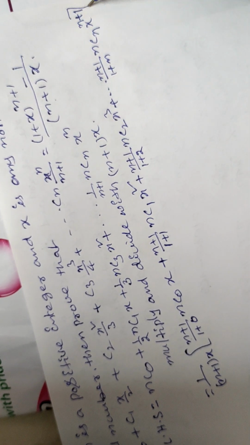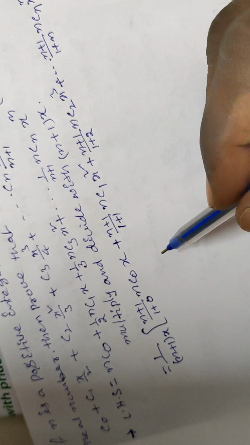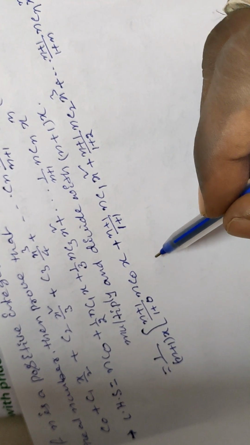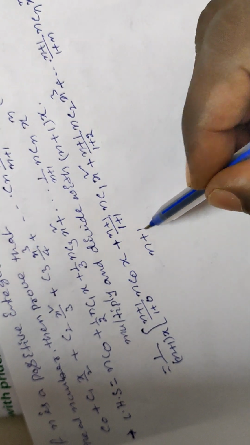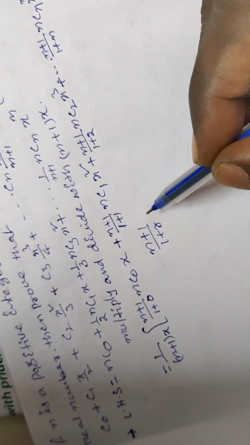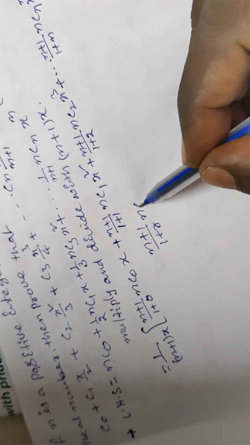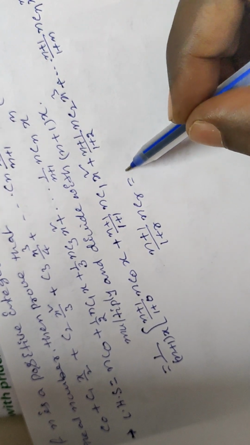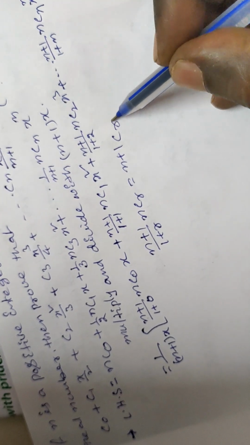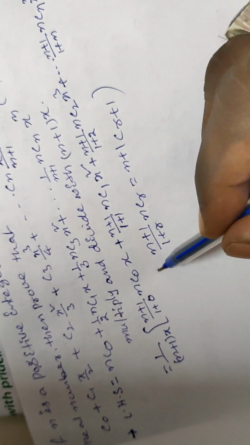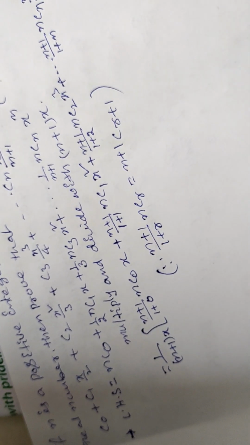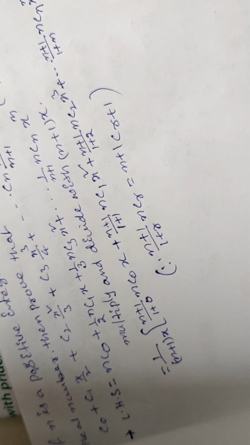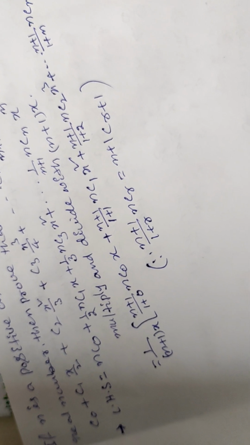Okay, we are close. Now we can use the formula: n plus 1 by 1 plus r into NCr is equal to n plus 1 C r plus 1.